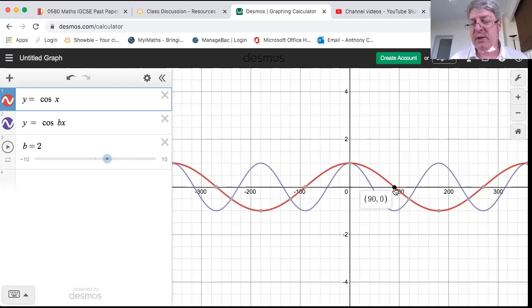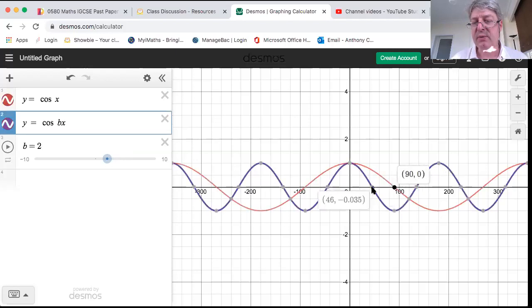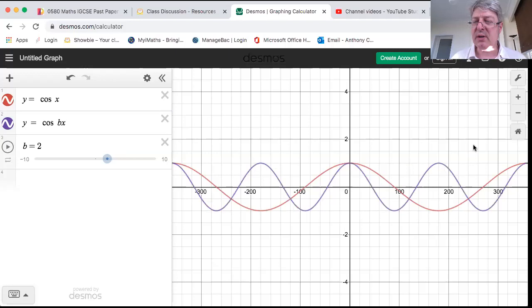Now that y value of 0 is the same on the purple graph, but you only need to use half the angle. So this time you're only using 45 degrees. So this point has moved from here to here. So this is what we call a stretch by a scale factor of a half. So all of the points on the red curve have been halved, in other words.